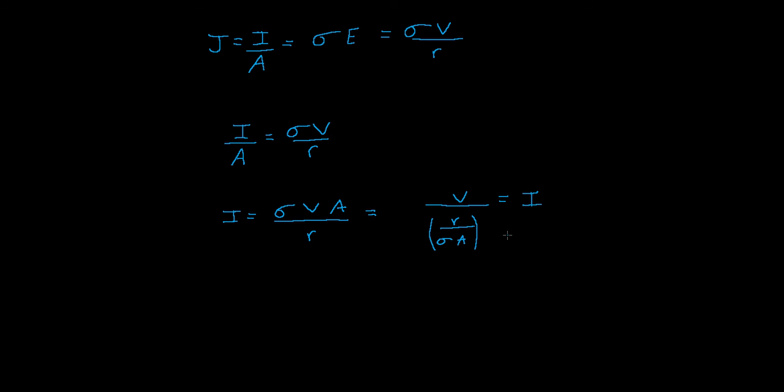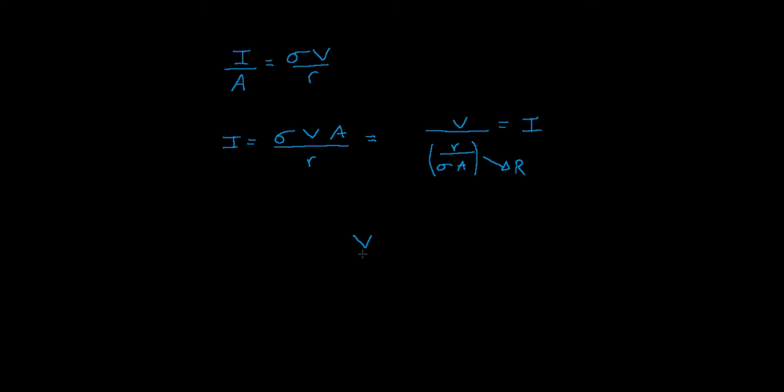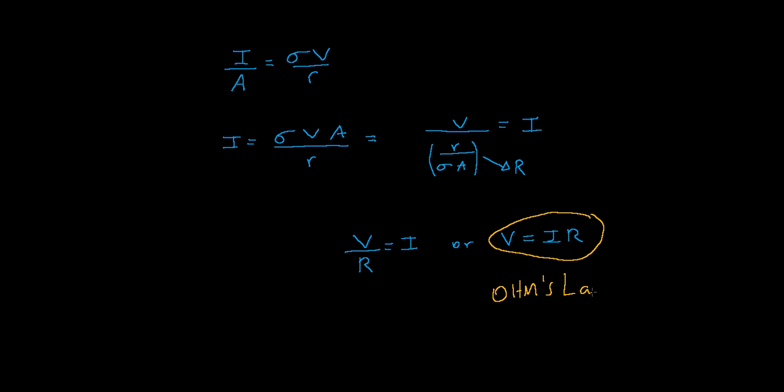Now we'll call this term here, R divided by sigma A, the resistance R. So from all this we get that V over R is equal to I, or V is equal to I times R, and of course this here is our familiar Ohm's law, that we have just derived in this way.